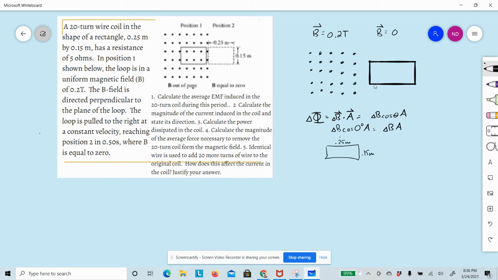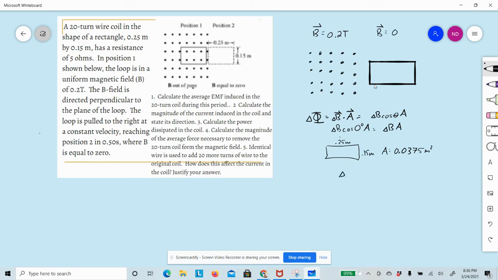So that shouldn't be too hard. 0.25 times 0.15, the area is 0.0375 square meters.